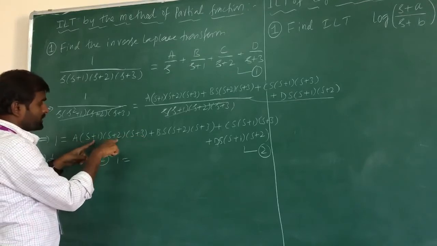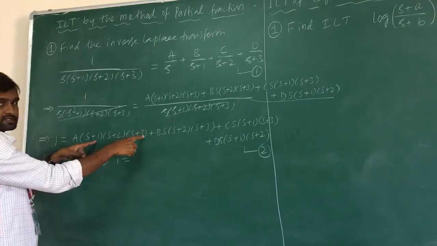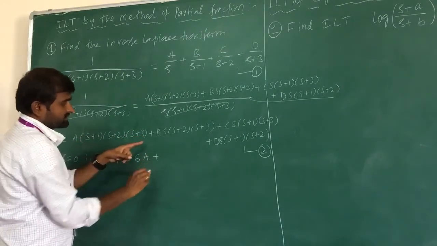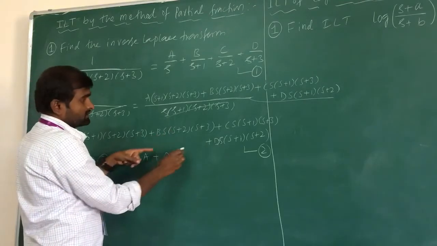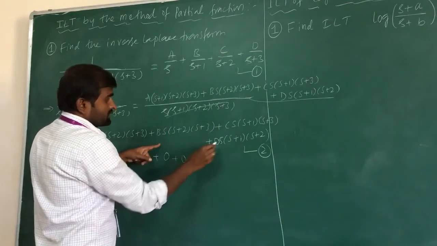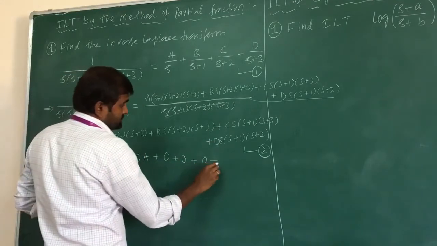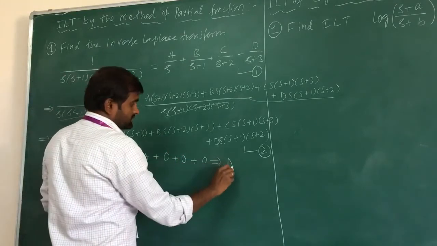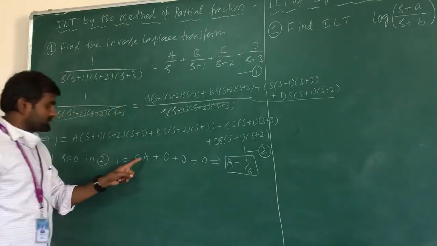So 1 into 2 into 3 is 6, so 6a. The other terms are multiplied by 0, so they are 0. Then 1 equals 6a, so a is 1 by 6.